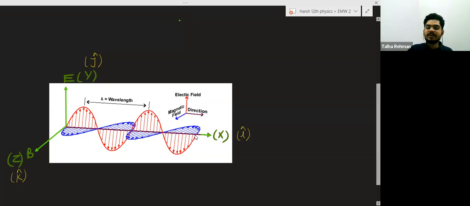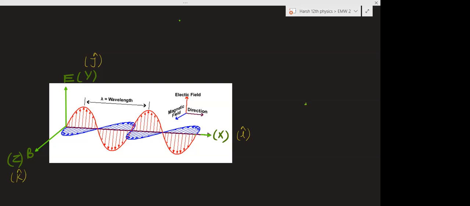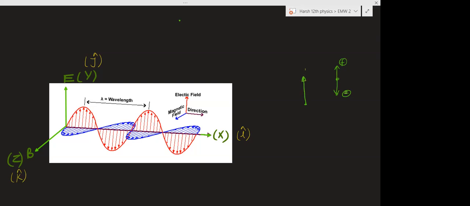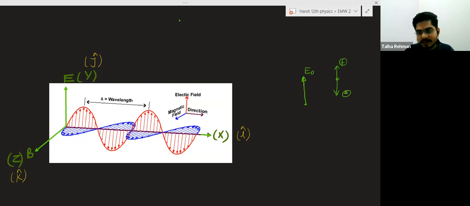So basically what is happening with the electric field? Suppose this is a mean point, this direction is positive and this direction is negative. The electric field is first increasing in the positive direction and becomes maximum. After that the electric field decreases and becomes zero.